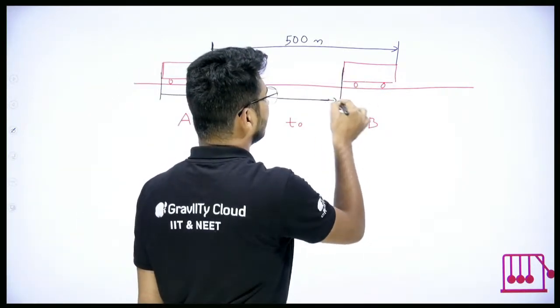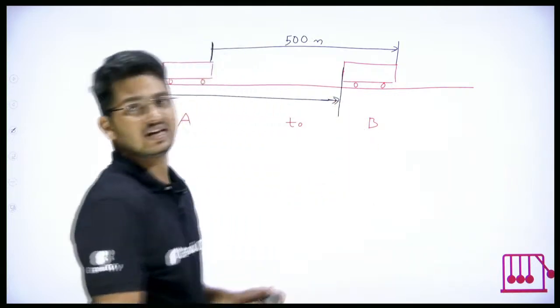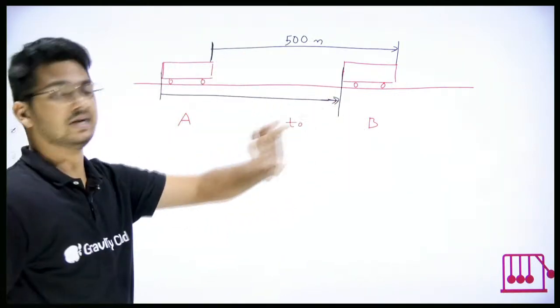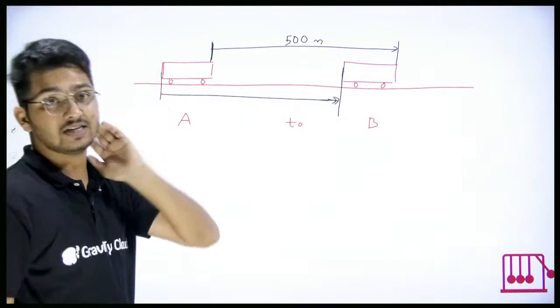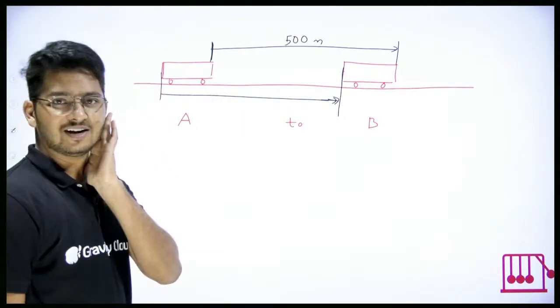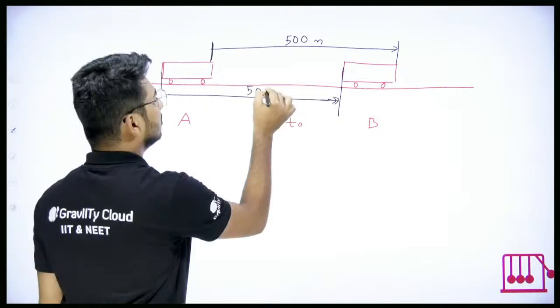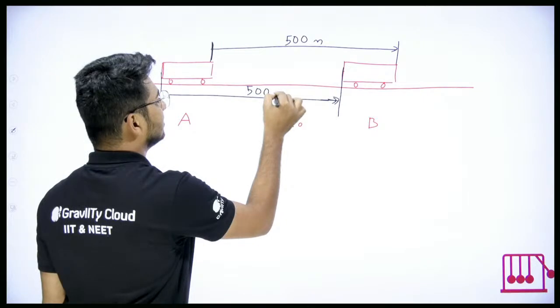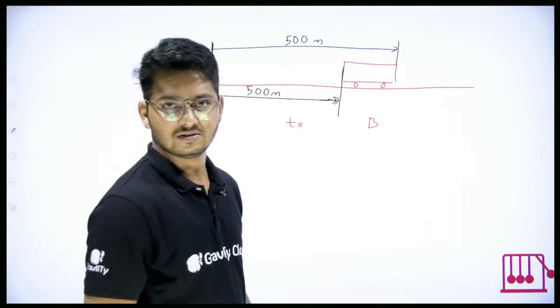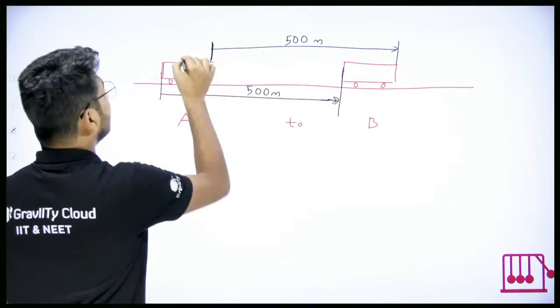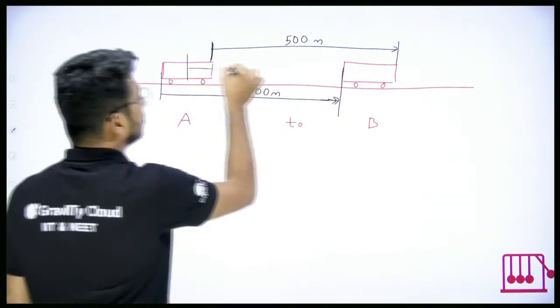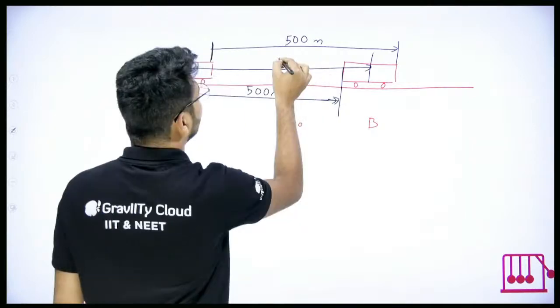If the front of the car has traveled 500 meters, how much distance did the back of the car travel? How much is that? The same 500 meters, yes or no? The front of the car travels that distance, the back travels the same distance, the middle of the car will also travel the same distance. How much? 500.